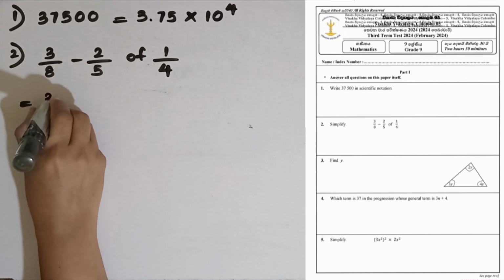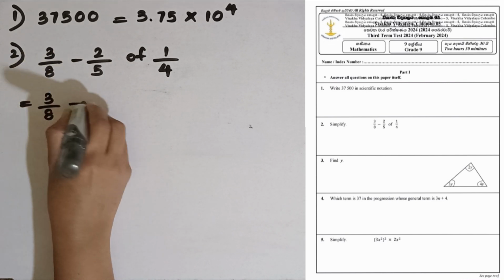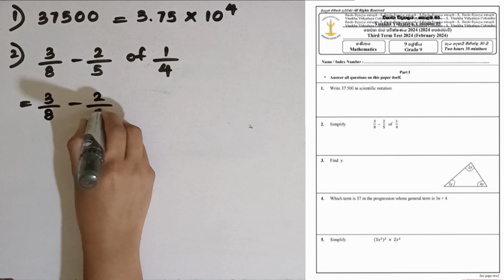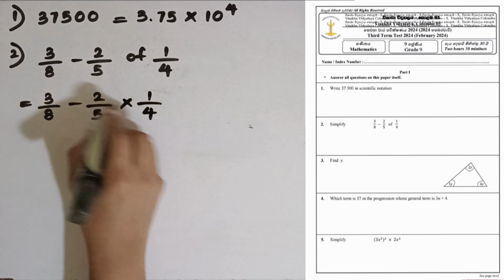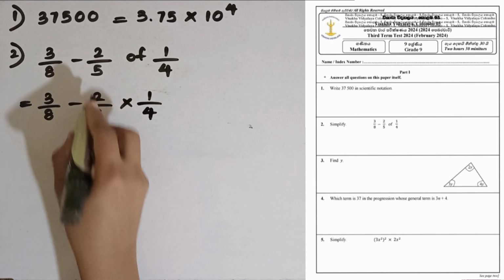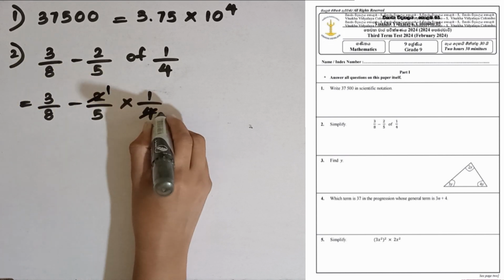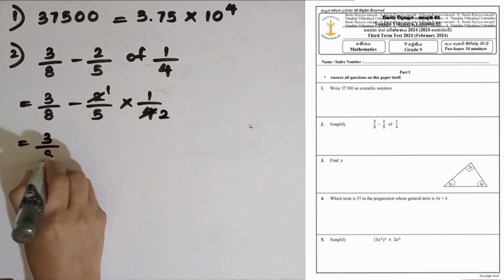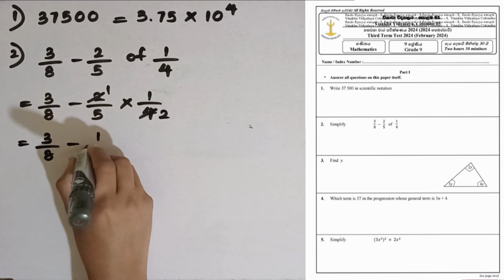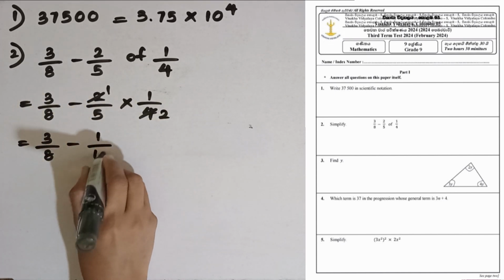So we write 3 over 8 minus 2 over 5 multiplied by 1 over 4. Now we can remove the common factors: 2 times 1, 2 times 2. Then 3 over 8 minus 1 over 5 times 2 is 10.